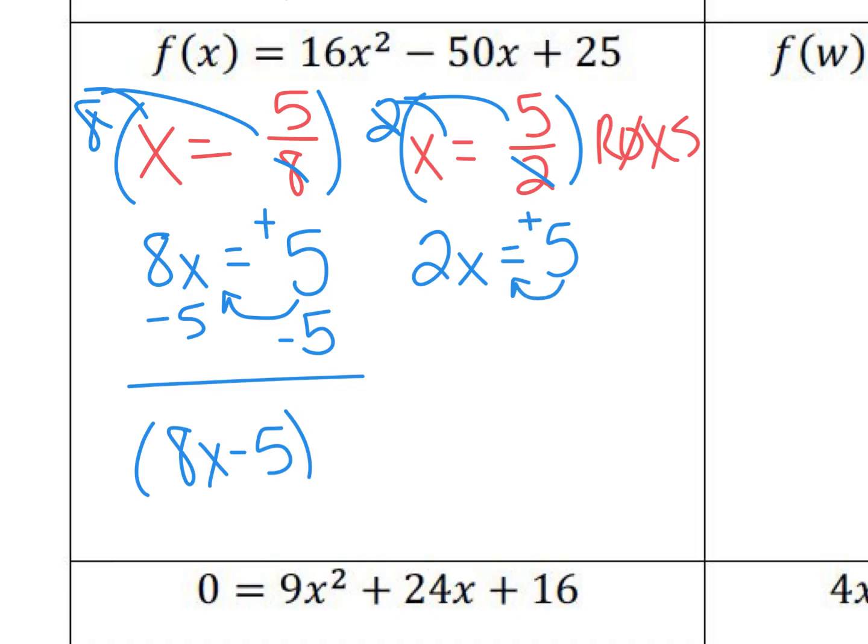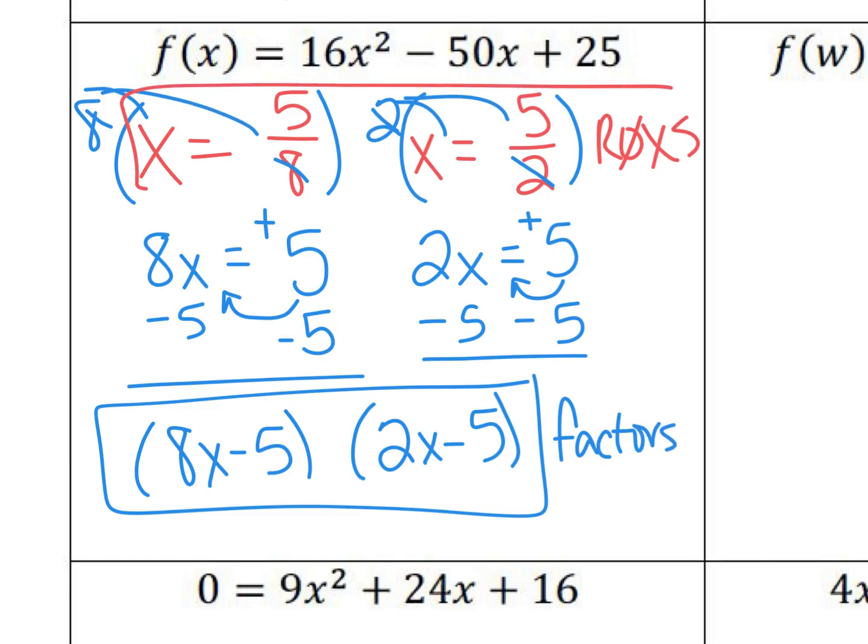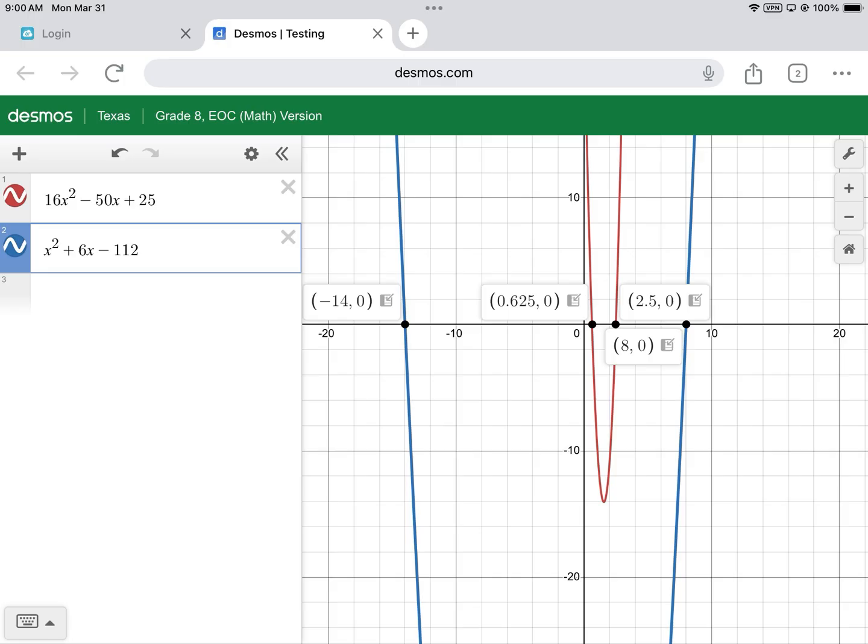It is a positive, so we're going to subtract again. So what is my other factor? 2x minus 5. These are our factors. Okay? These in red, these are our roots. Our zeros, our x-intercepts, our solutions. So we graphed it. You can see it is the red one. So for that first one, our roots are going to be 0.625 and 2.5.